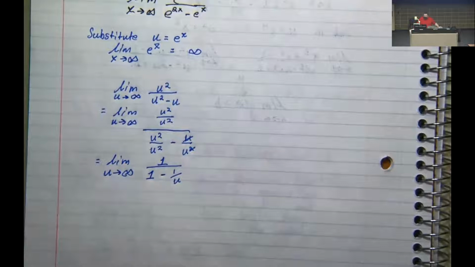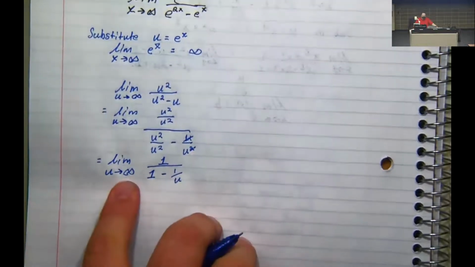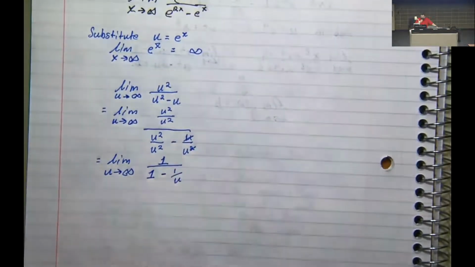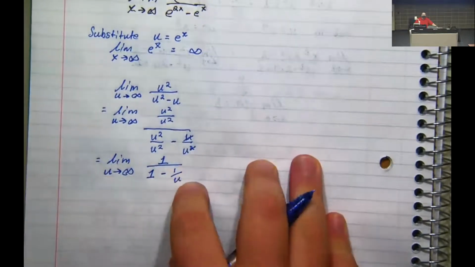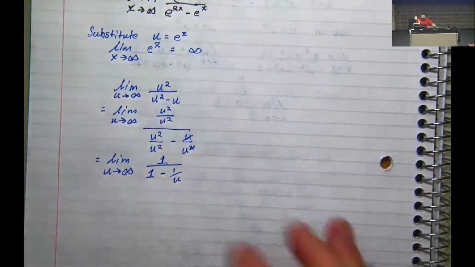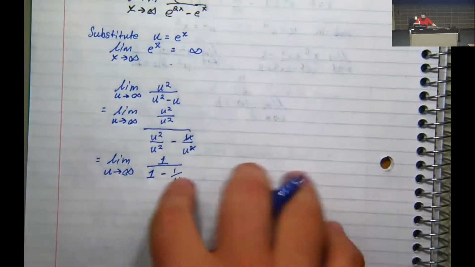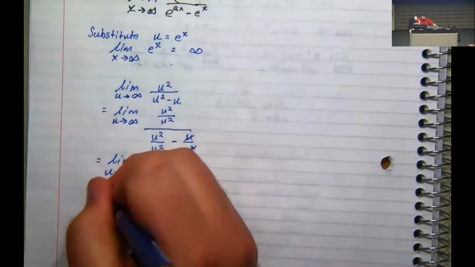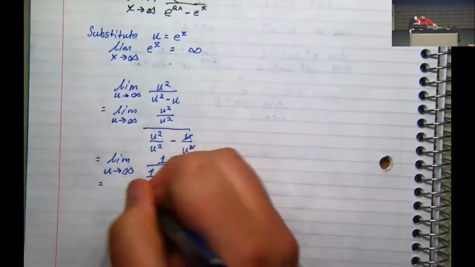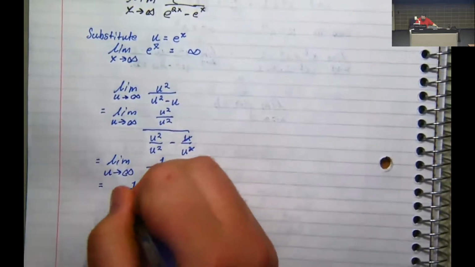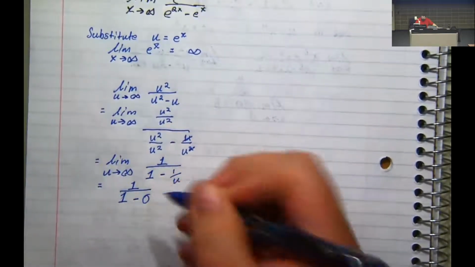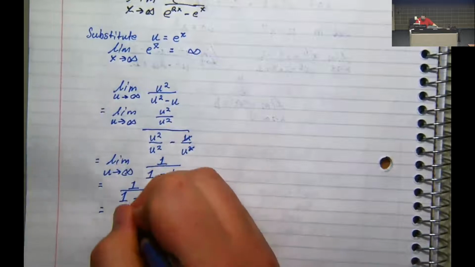Okay, and now if we sub in u goes to infinity into this, then 1 over infinity, as small as you could get, is going to go to 0. So that is equal to 1 over 1 minus 0, which is equal to 1.